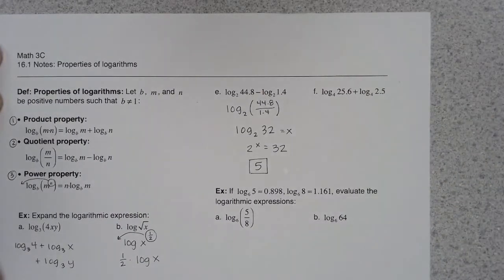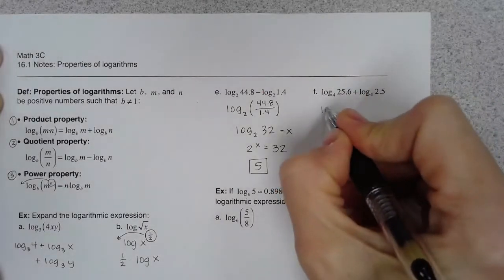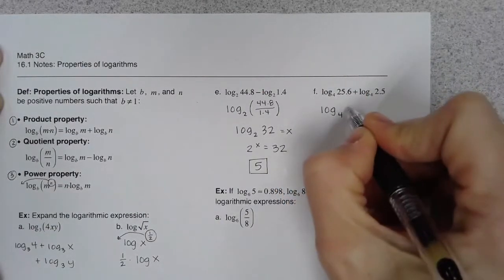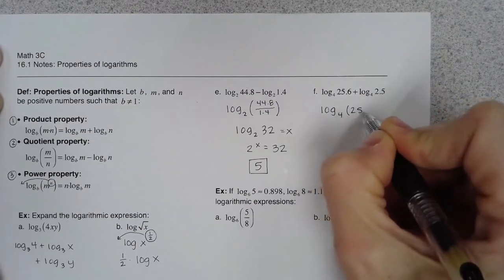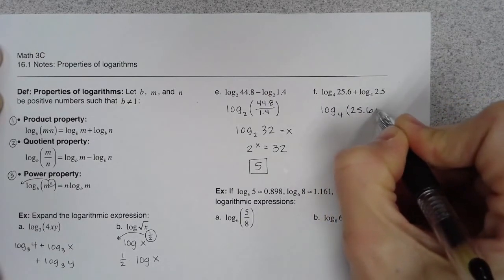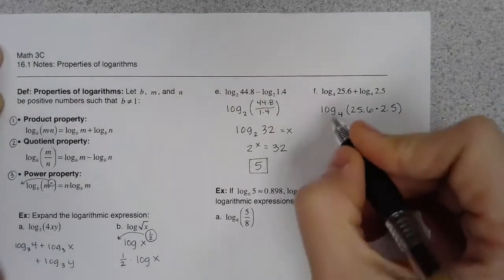On the last one, you're going to start by doing the same thing, except on this one, do you see where it has the plus sign? And so you want to remember that this one, when you condense it, addition becomes multiplication. So it's going to be log base 4 of 25.6 multiplied by 2.5. And so you'll start by multiplying them.